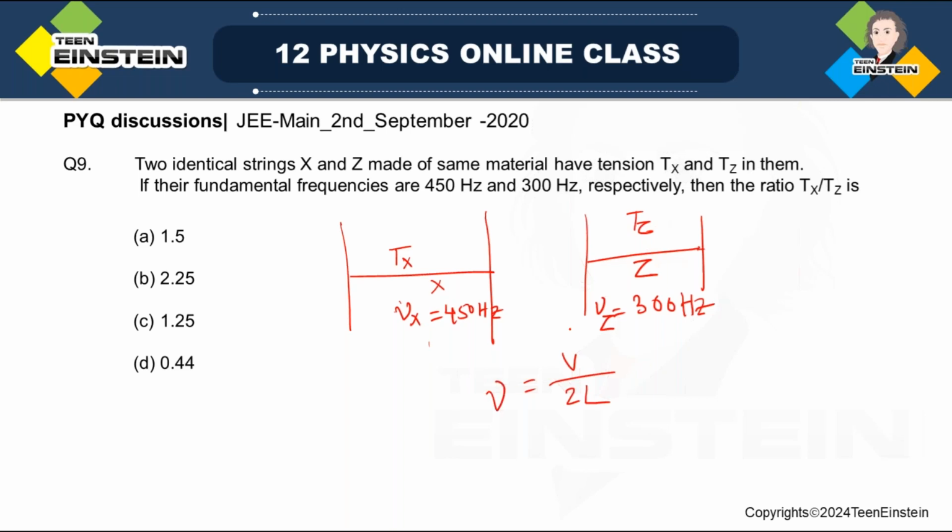Now see how velocity is related to tension. It is root of T by mu, where mu is the mass per unit length.